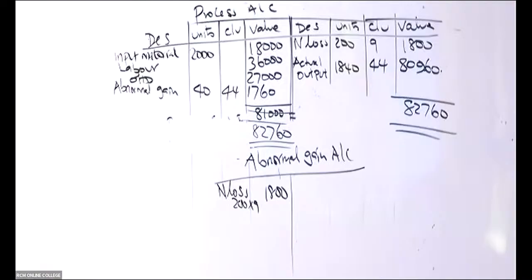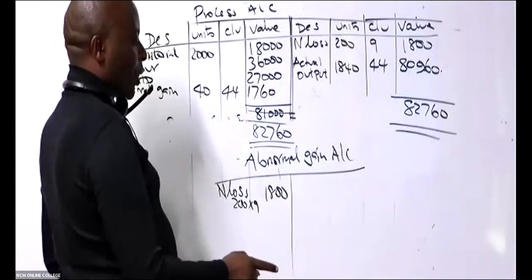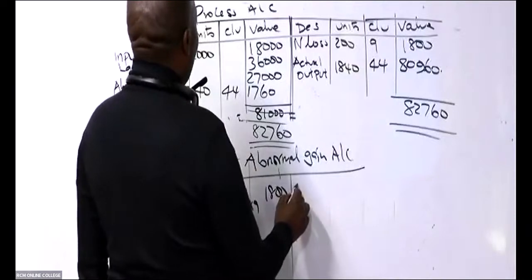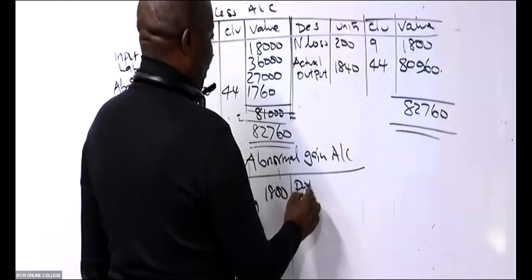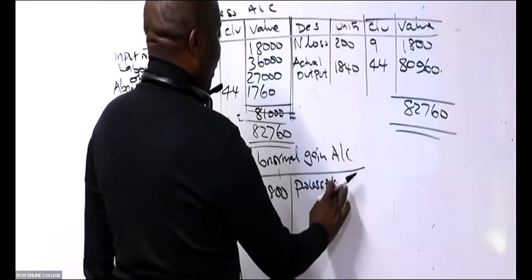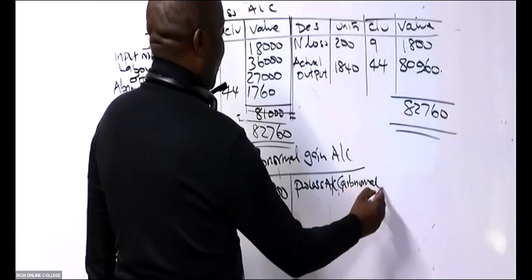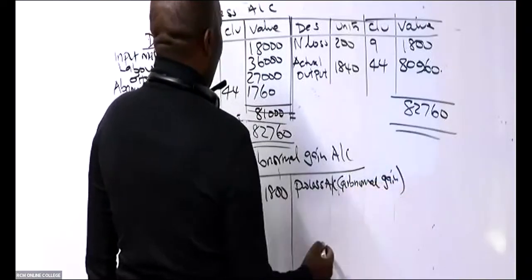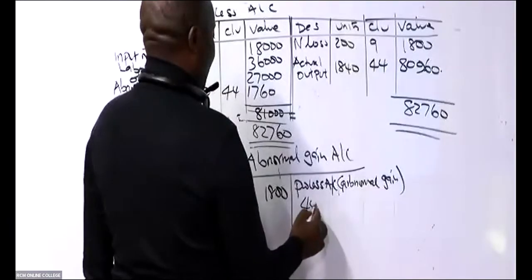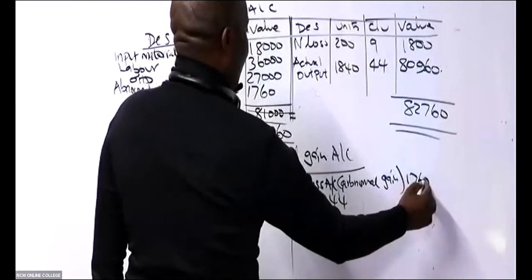And then we have abnormal gain. It's debited here. So it shall be credited. So we have here from the process account, abnormal gain. It is 40 at 44, giving us 1760. Great.